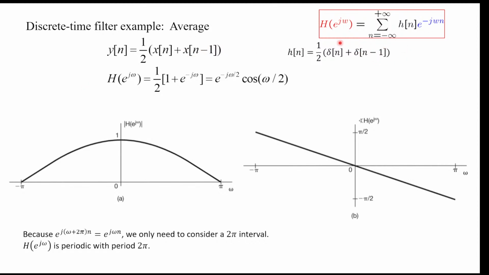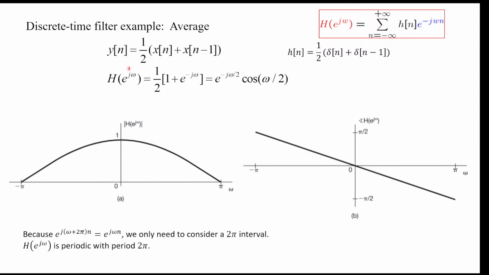Then we use our explicit formula for big H from small h: H(e^(jω)) equals the summation over n from minus infinity to plus infinity of h[n] times e^(-jωn). You have two delta functions, so you only need to sum for n equal to 0 and n equal to 1. For n equal to 0 you have 1, and for n equal to 1 you have e^(-jω).